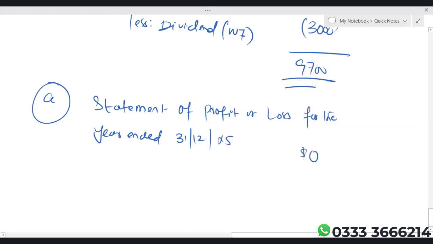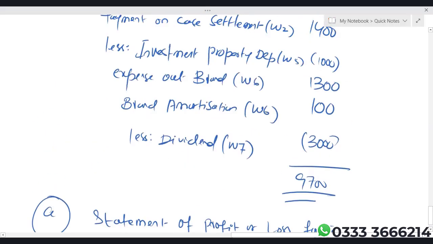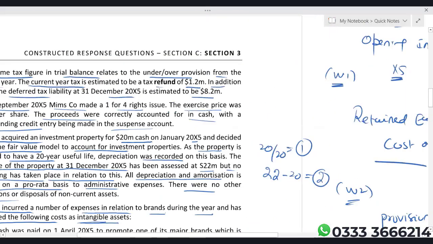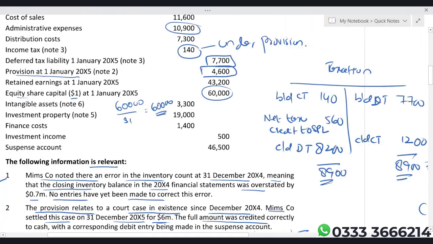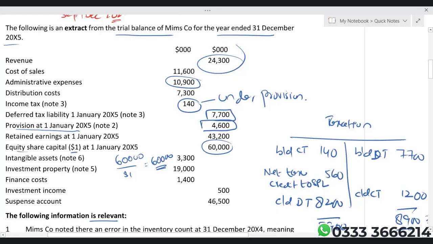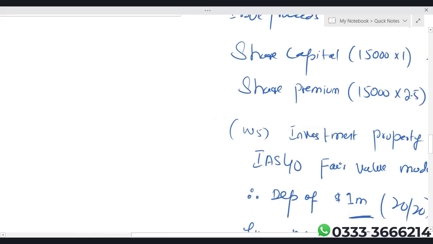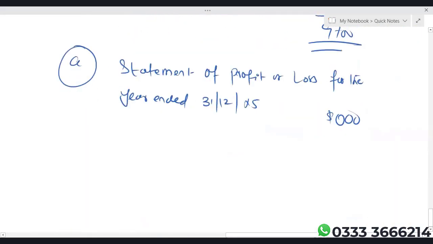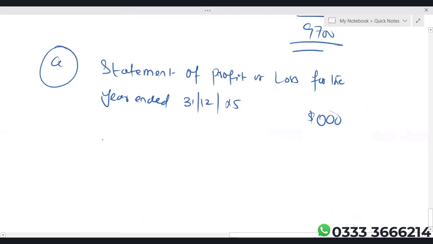Let's ignore 3 zeros. There is no adjustment in the revenue, just take it from the trial balance. $24,300. So the revenue is 24,300.